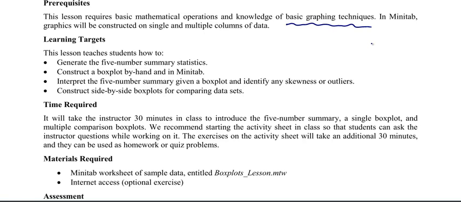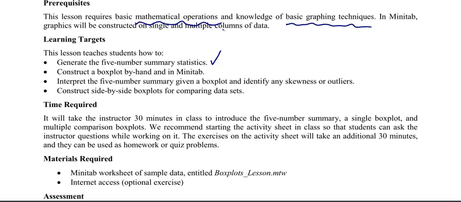So besides just having some basic graphing techniques coming into this lesson, there'll also be some very basic mathematical operations, multiplication, addition, but just very basic math in this lesson. What I hope that students will be able to gain from this lesson is how to generate this 5-number summary.